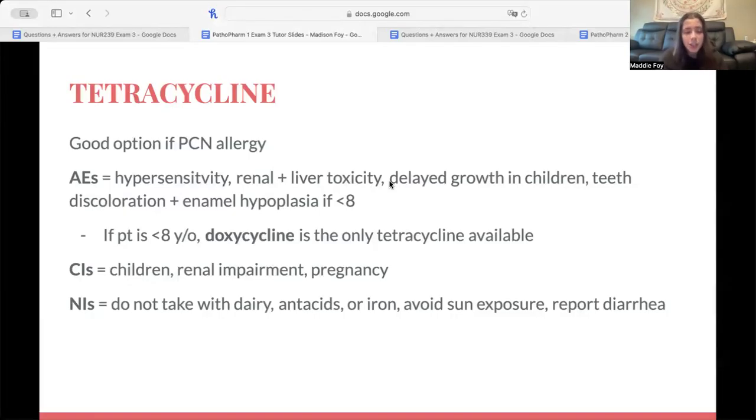So if a patient is under 8 years of age, doxycycline is the only tetracycline that is safe and available to take. So I would just remember tetracycline's impact on growth and teeth in children and why that's important. And then nursing intervention to know is that you should not take a tetracycline with dairy, antacids, or iron. So you're going to want to space all of those out.